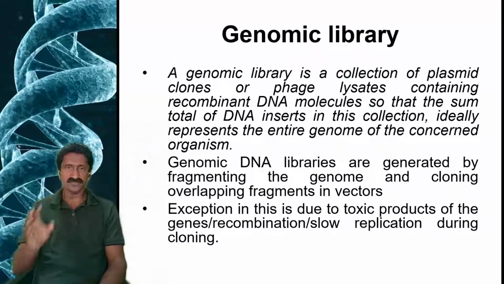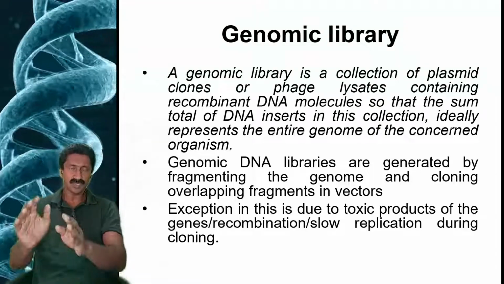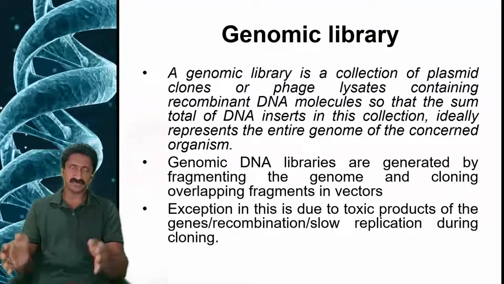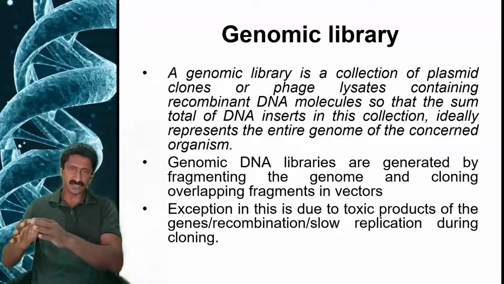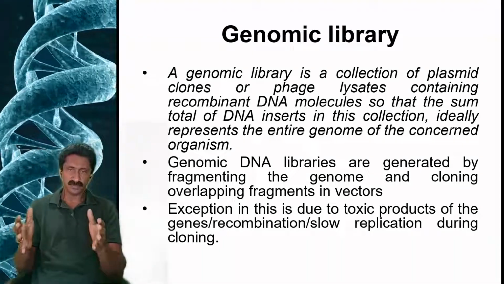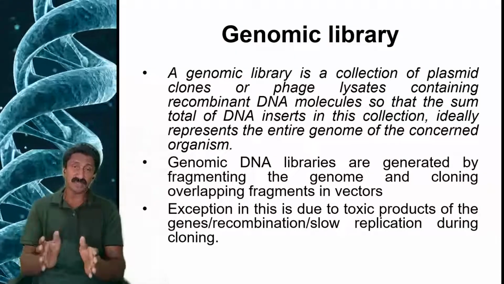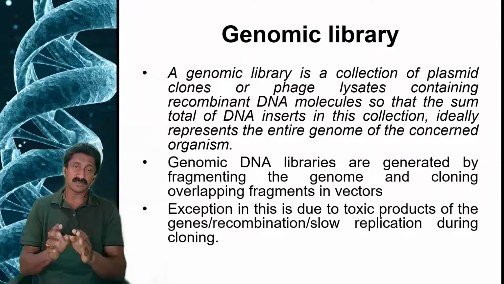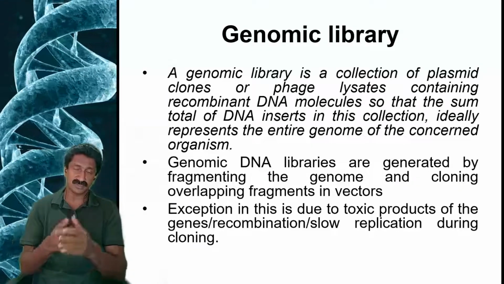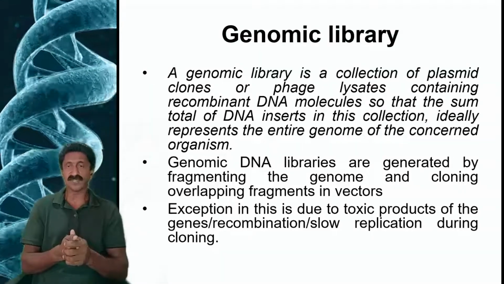So each and every fragment was cloned, and the members of the library with the complete genome are known as the genomic library, which can be cloned, and even used for sequencing of the entire genome.